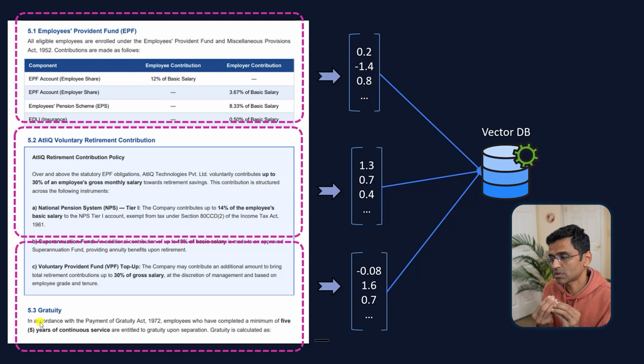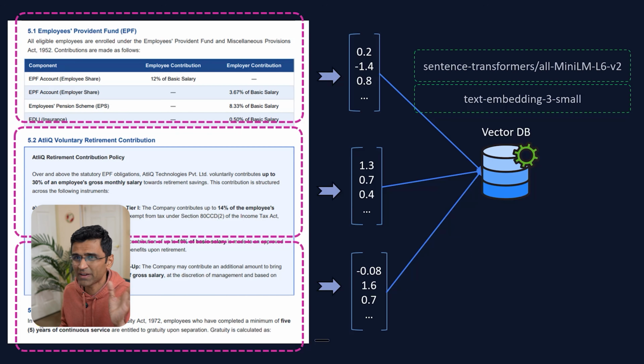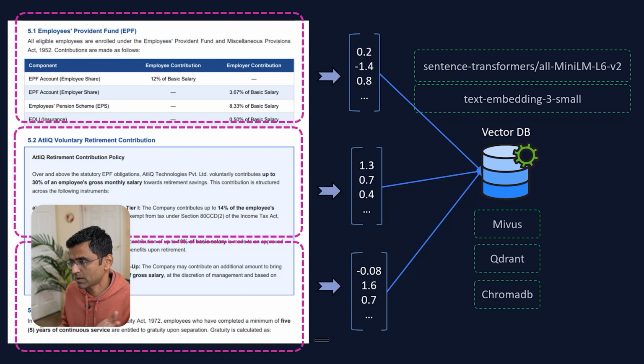So when you search for, let's say, a company that is a leader in electric vehicles, it will return Tesla from the database. So it is searching based on the meaning, not based on the exact word. To generate embeddings, you can use a variety of models, sentence transformer, text-embedding-3-small, and so on. And there are many vector database choices in the market: Milvus, Qdrant, ChromaDB, and so on.